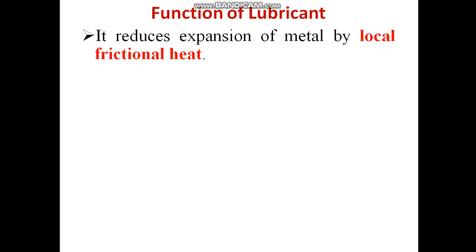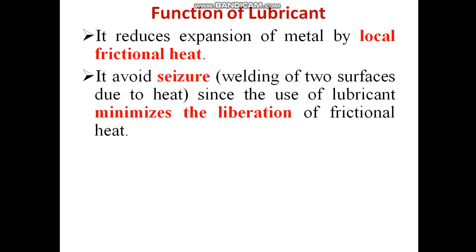When the lubricant is introduced, it avoids seizure, meaning welding of two surfaces due to heat. Since the use of lubricant minimizes the liberation of frictional heat, it avoids the liberation of the heat.